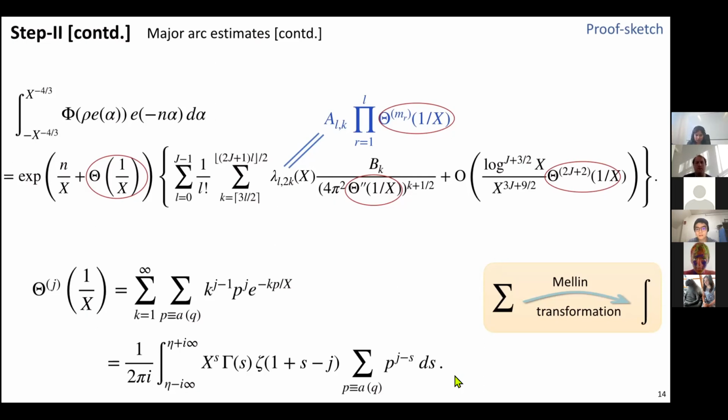With this sum over k and this sum over p, the sum over p remains over here, but the sum over k will give you the Riemann zeta function. This is k to the power j minus 1 from here, and there will be one k to the power minus s coming from the Mellin transformation. So once you have applied this, you end up getting this term.